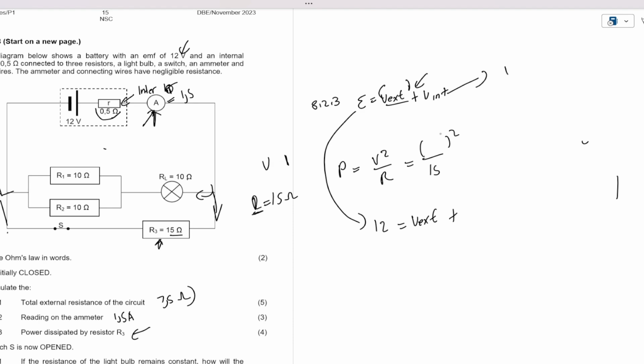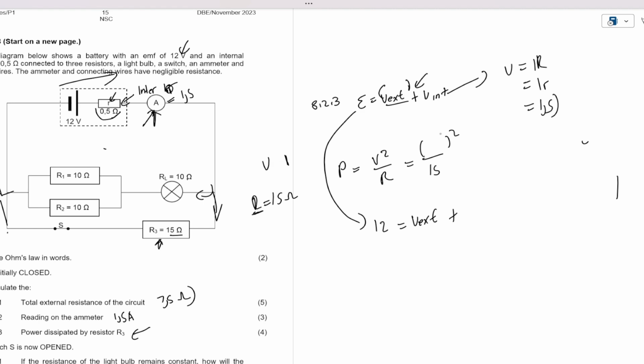V internal is V equals IR, and then we must know, because we are dealing with internal resistance, the R will be the small r. This is the voltage which is made to overcome the resistance inside the cell, which is made by this small resistor. This small resistor gets all the current, because it gets the undivided current when it passes through here.